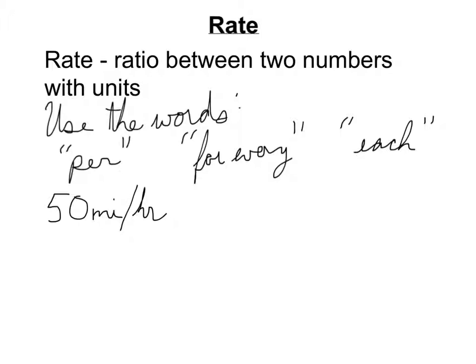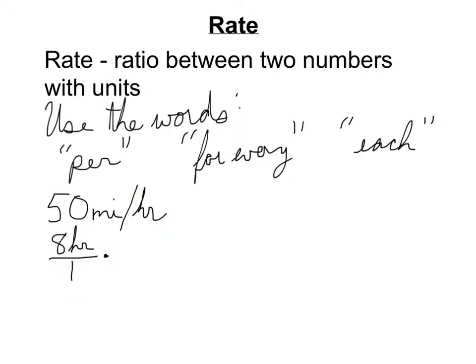And now we haven't written a 1 in there, but it is implied. This also means for every 1 hour traveled, we should be going 50 miles. And we can use this in story problems as a unit multiplier. So for example, let's say we travel for 8 hours, and I want to know how far we've gone. Well, we take 8 hours and put it over 1, and then multiply that by the rate.